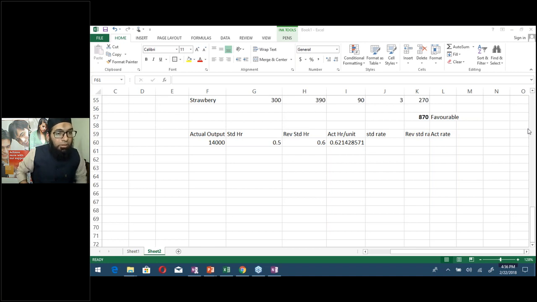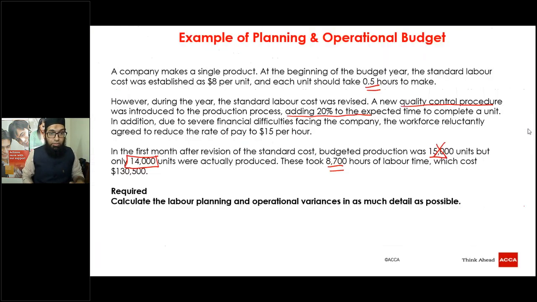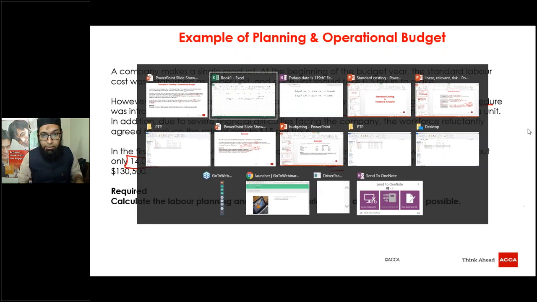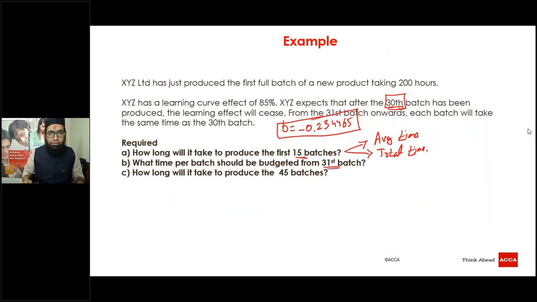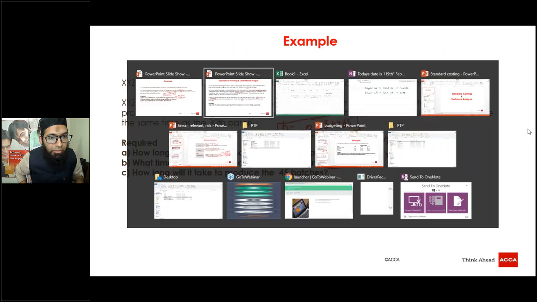Dear, the planning variance is actually the difference between the standard and revised standard. Correct. Agreed. Correct. Let me think. Let me see it again. Maybe I actually was wrong, but let me take it again. The slides of my variance have just been lost. Here it is.